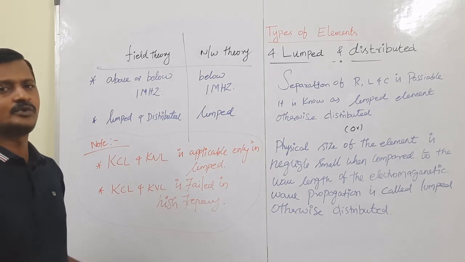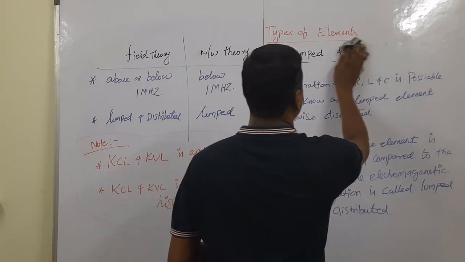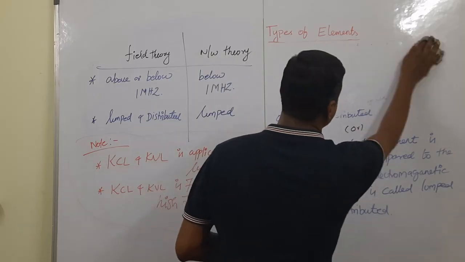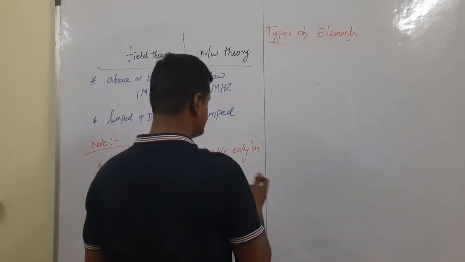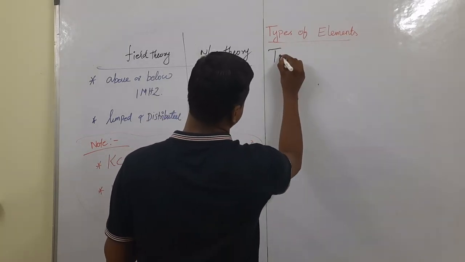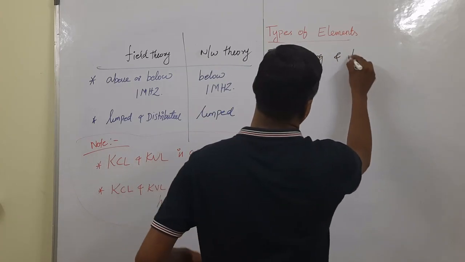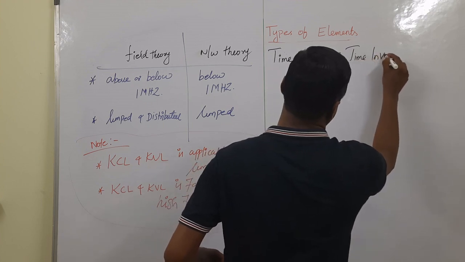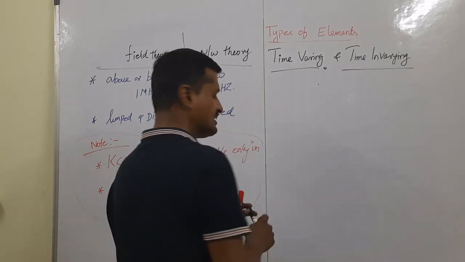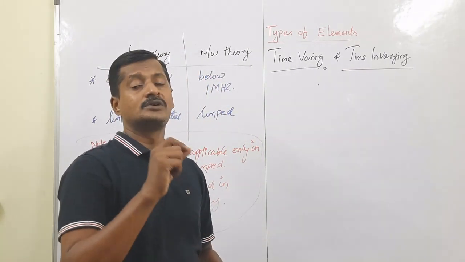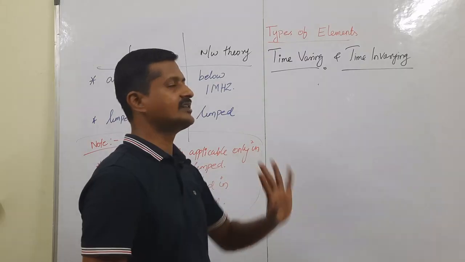So the next element, the fifth one, is the time varying and time invariant element. This is the last type of element. If the output of the element varies with respect to time, that is a time varying element.